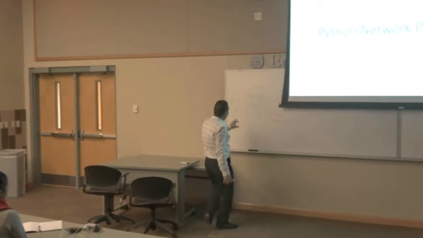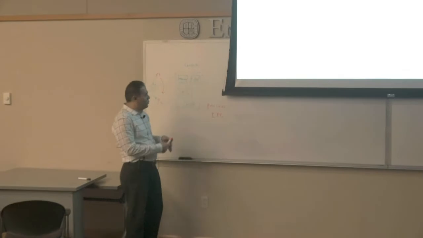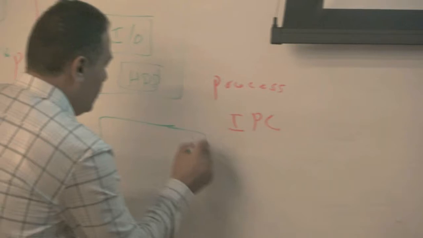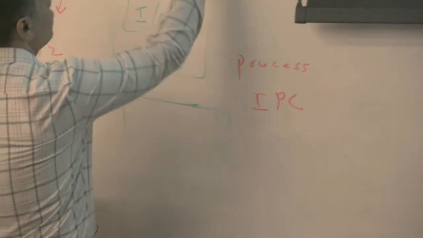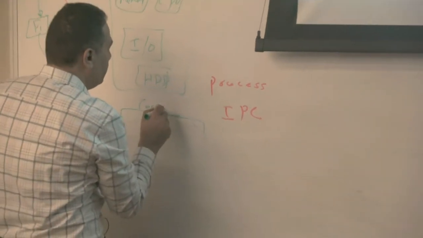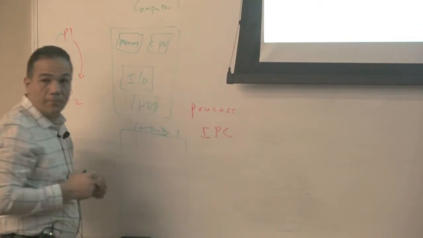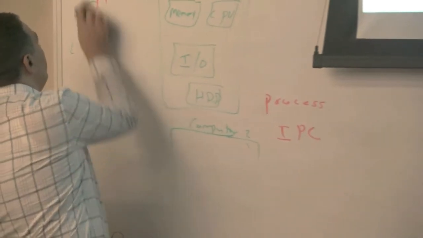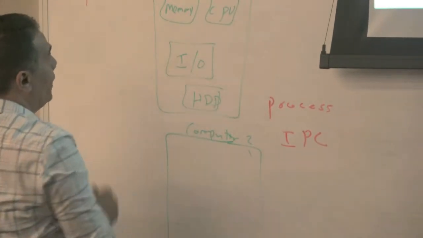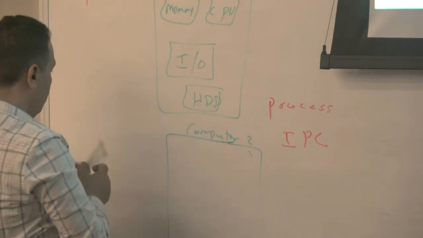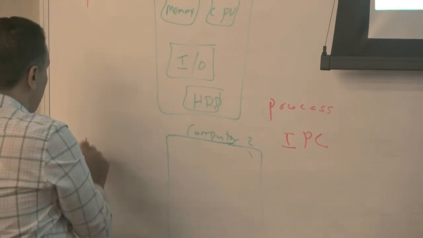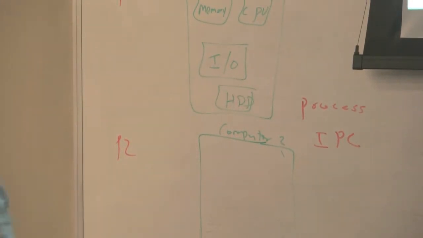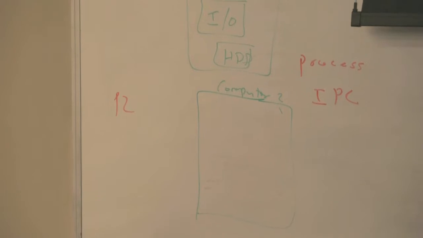So far we are talking about communication within the same computer. What if we have another computer? So this is computer 1, this is computer 2. We have process 1, or a group of processes, running in computer 1, and process 2, for example, running in computer 2, and we need to exchange information.